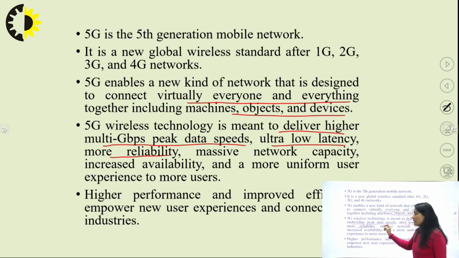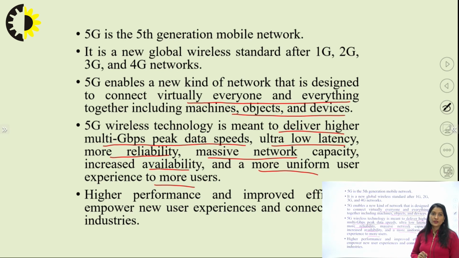More reliability, of course, massive network connectivity, capacity, increased availability of the network, and also more uniform user experience to more users. So, these are the expected use cases of this 5th generation. Higher performance and improved efficiency empower new user experiences and connect new industries.